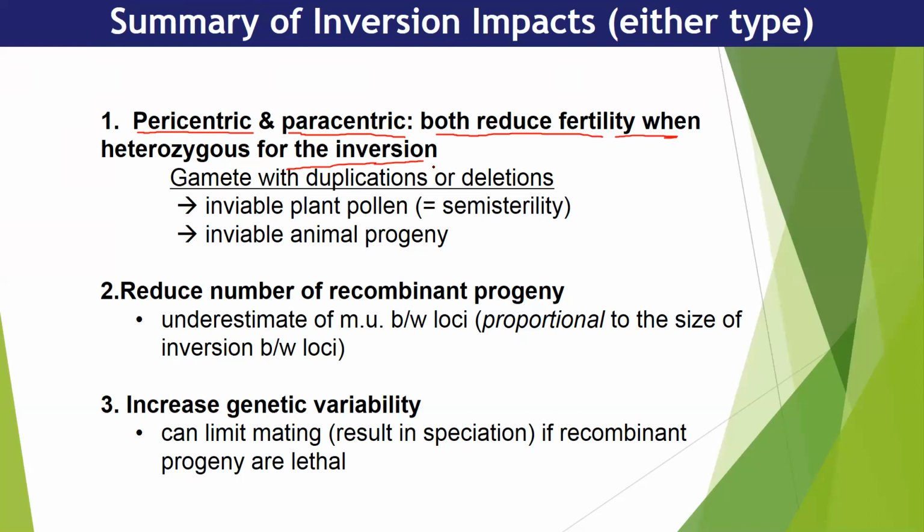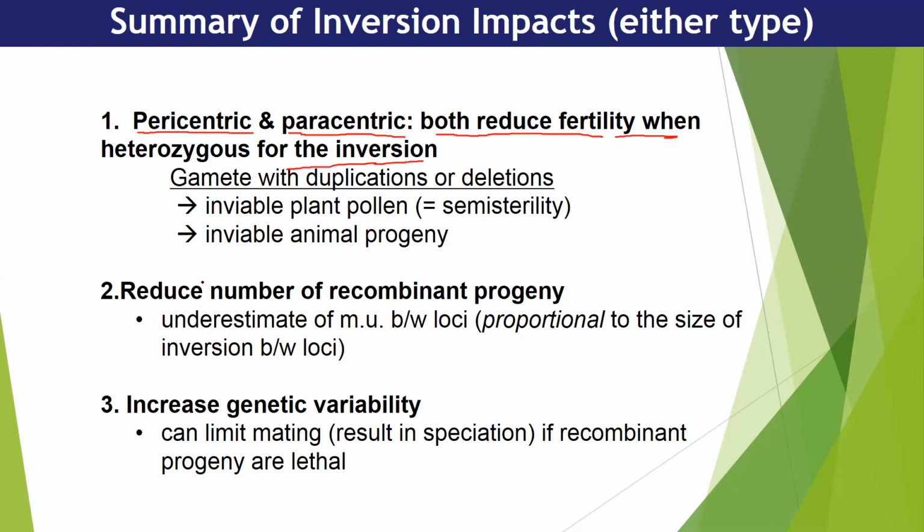We have learned this before, because if a crossover occurs between the two homologous chromosomes within the inversion region, then half of the gametes, the recombinant gametes, will not survive. They are inviable. So this is the problem.